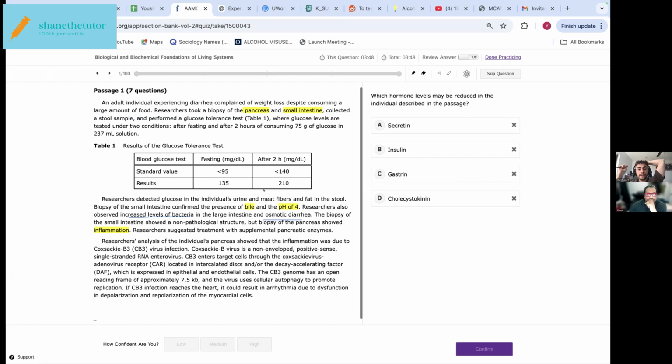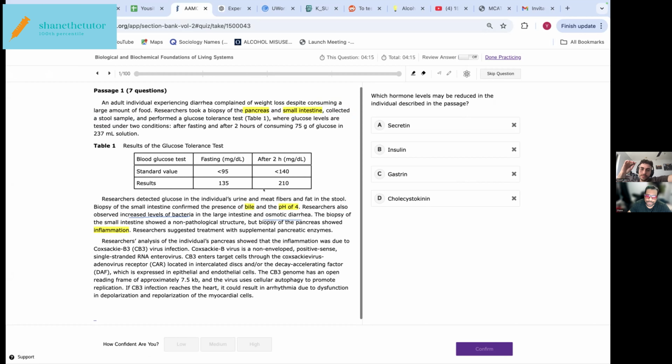high osmolarity. Yeah, so osmotic diarrhea is when your small intestine doesn't get to absorb as much of the water, and therefore releases it as a waste product.